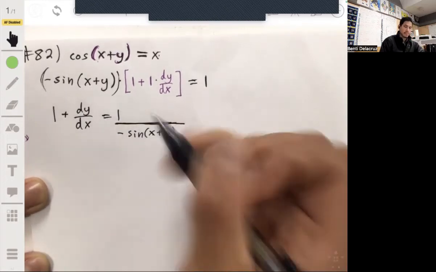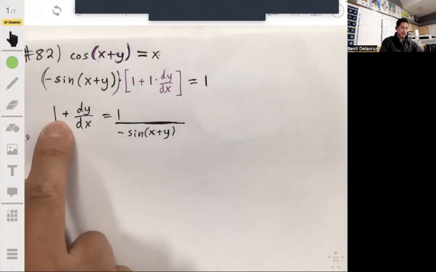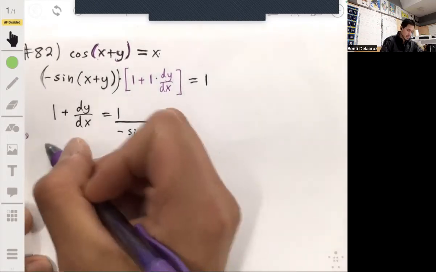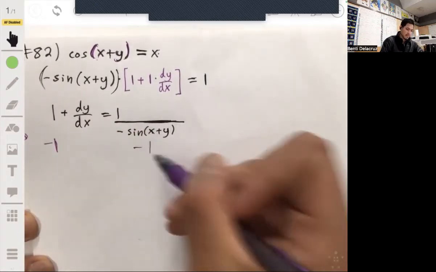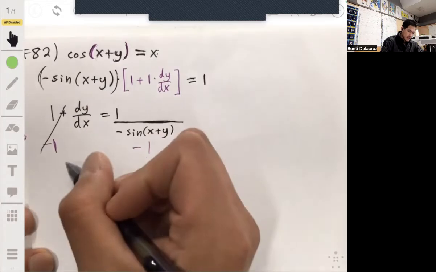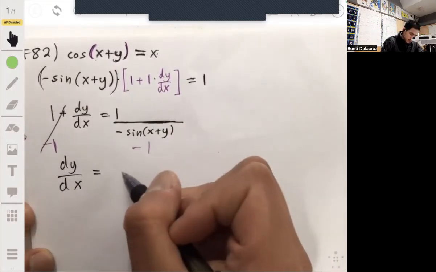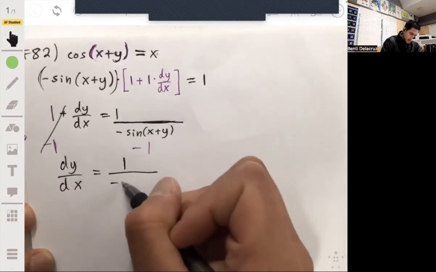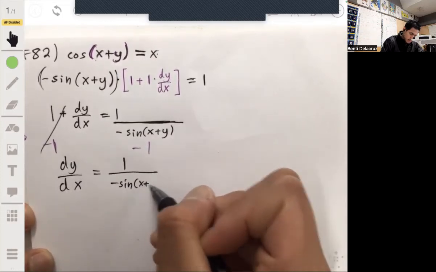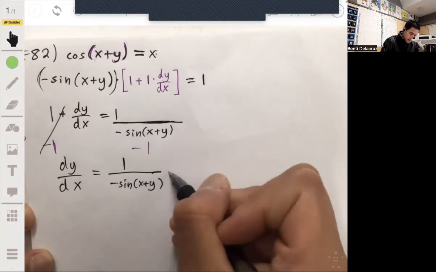It's kind of funky. And then I'm going to subtract 1 from both sides to get the dy over dx by itself. And then dy over dx will be equal to 1 over the negative sine of x plus y, minus 1.